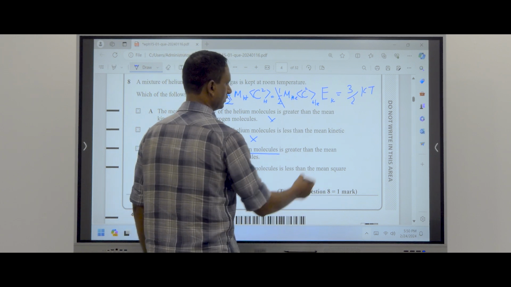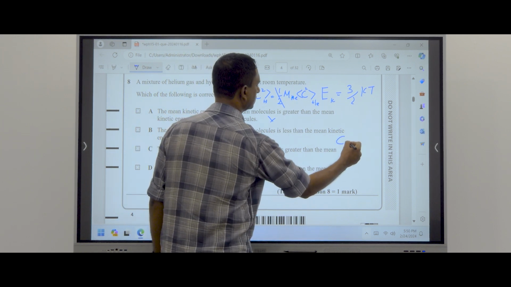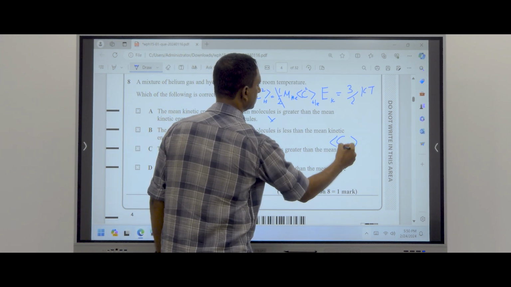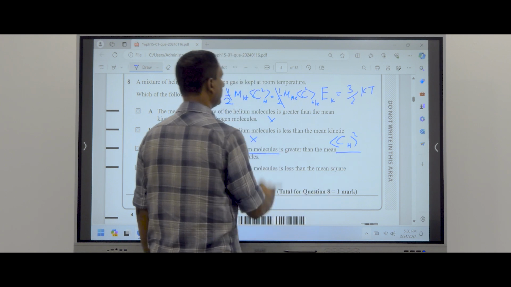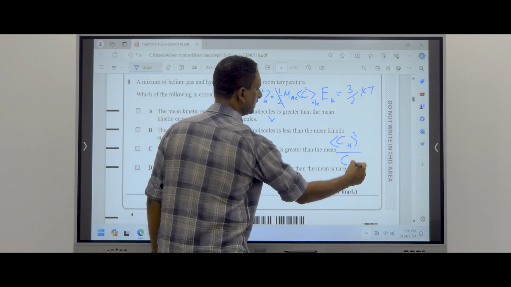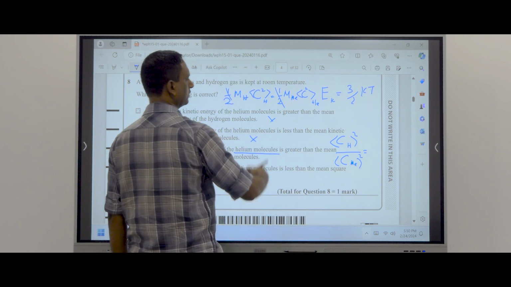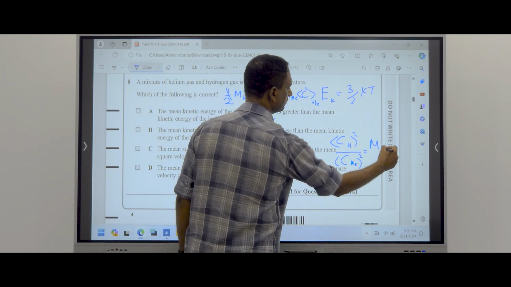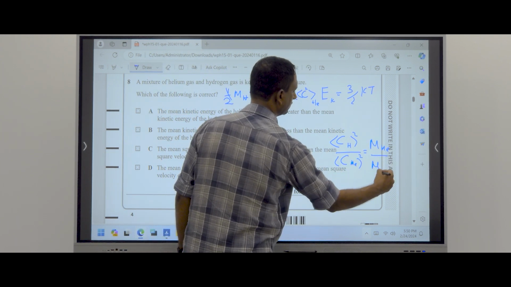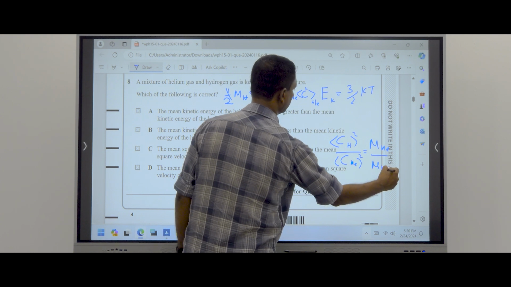If you have a doubt, you can further simplify. C hydrogen squared over C helium squared is equal to mass of helium divided by mass of hydrogen.